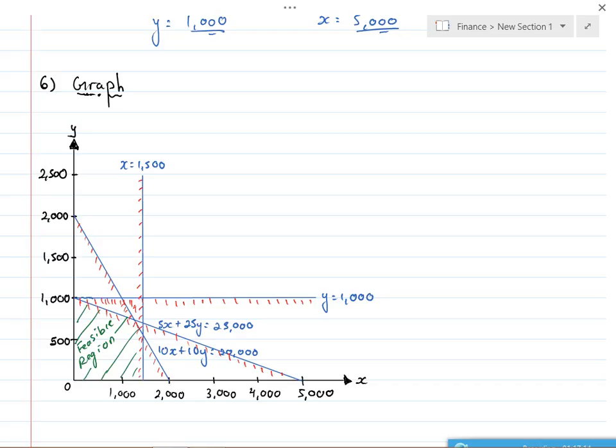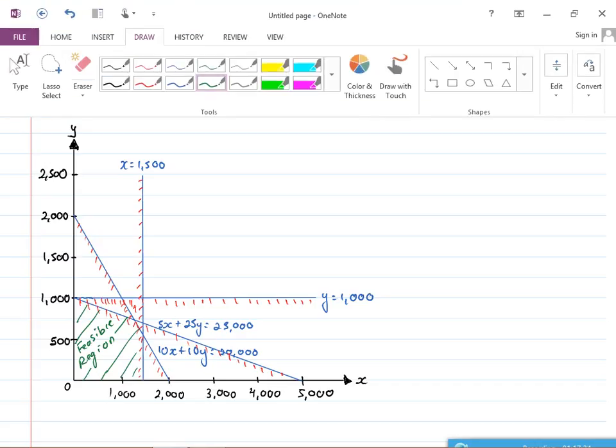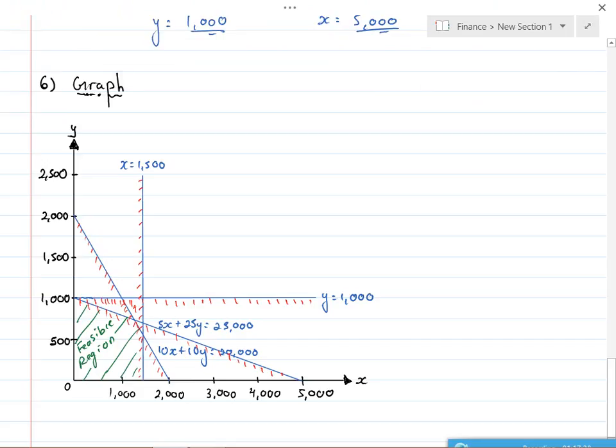Which one? Which intersection? Now, you must follow the feasible region. Your first feasible region covers this area.